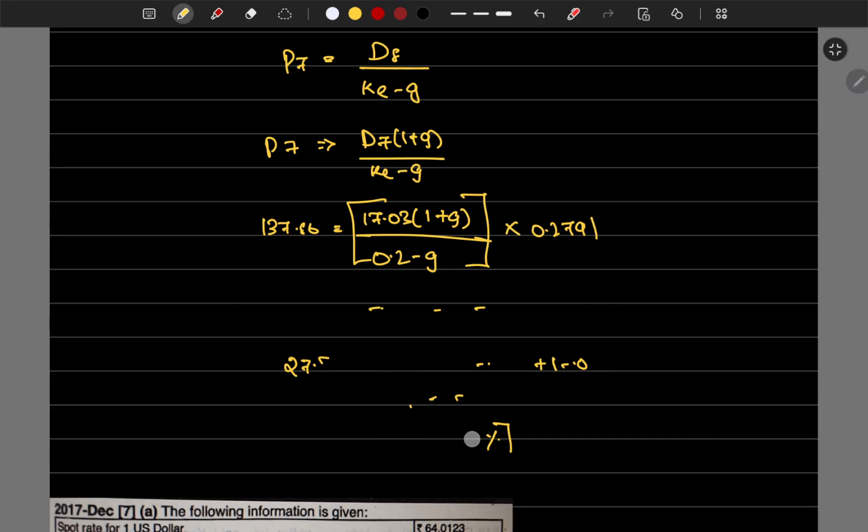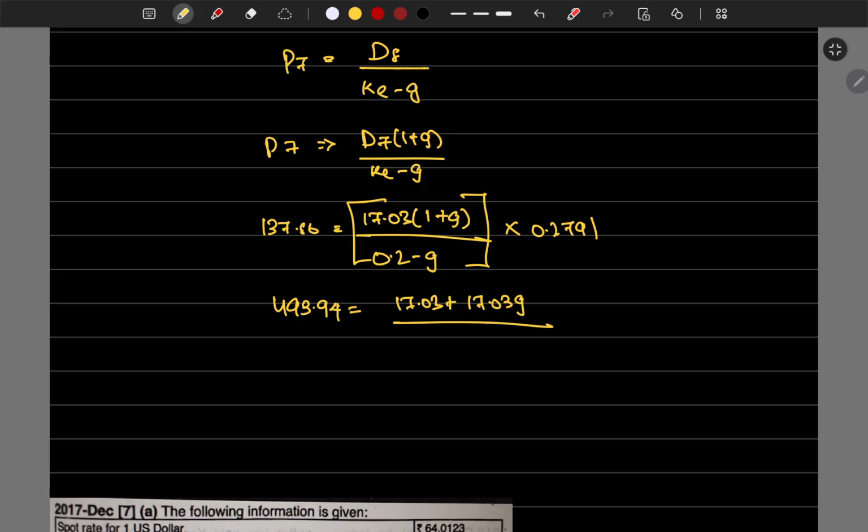When we do this, we can put it as 0.86 divided by 0.27, which is 493.94, equal to 17.03 plus 17.03 g divided by 0.2 minus g, 0.2, which is 98.79 minus 493.94 g.